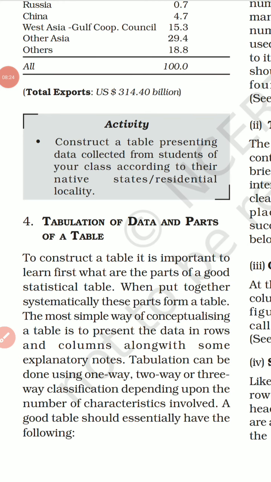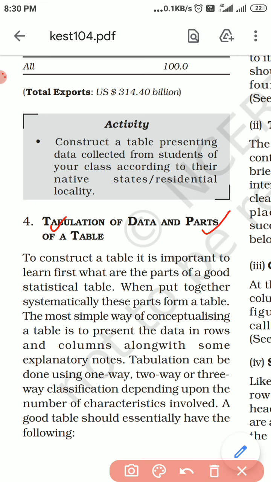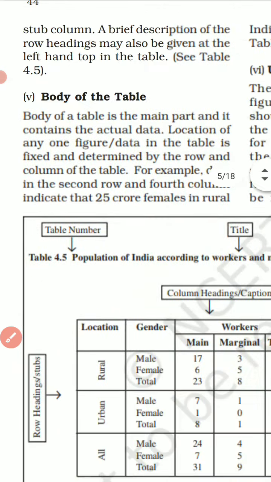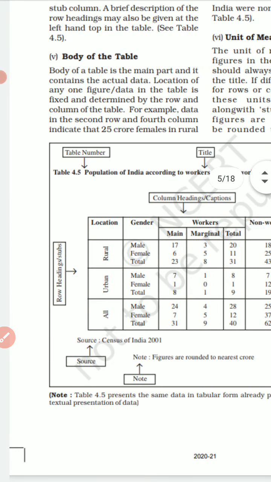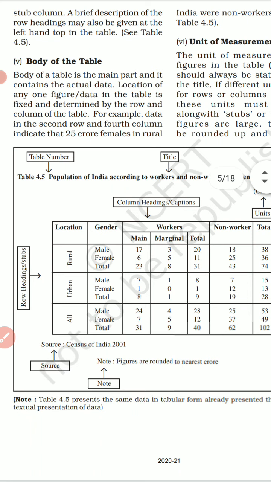Now next is the tabulation of data and the parts of table. So we will see how the table is prepared by assembling different parts. You can see below, this is a table format.